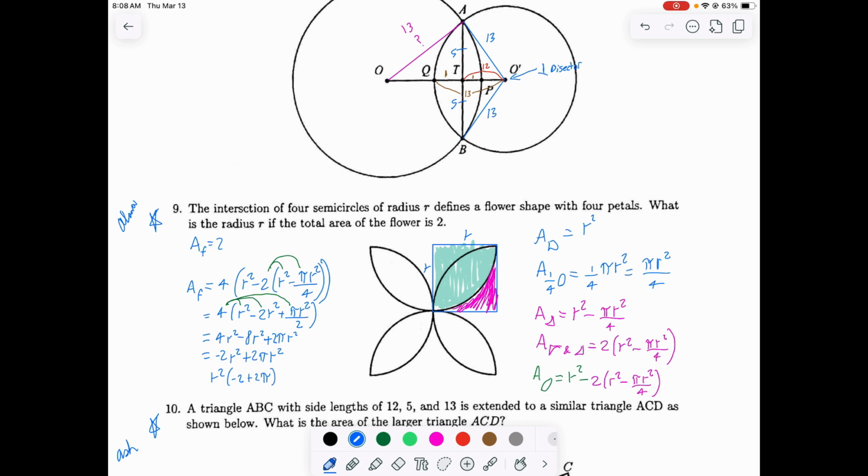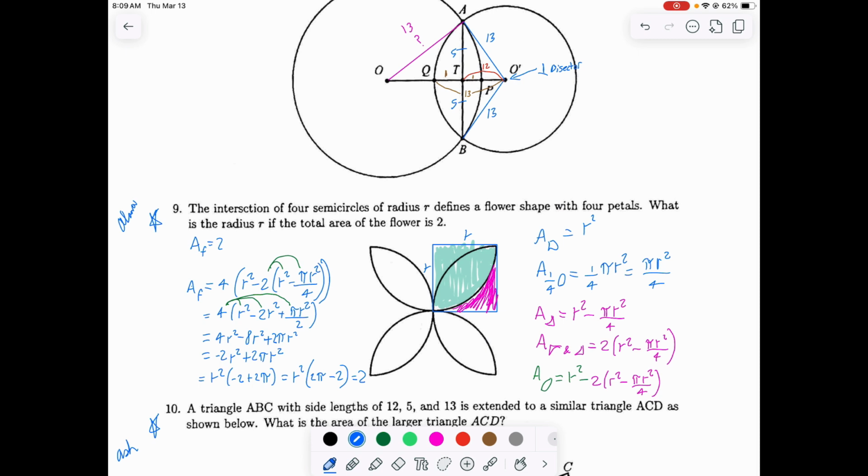Okay. Now, we typically like to rearrange these terms. So I'm going to rewrite this as r squared times 2 pi minus 4. Okay. Just rearranged everything. And then finally, we know that that's equal to 2, because that's the area of the entire flower. That's equal to 2 of those.